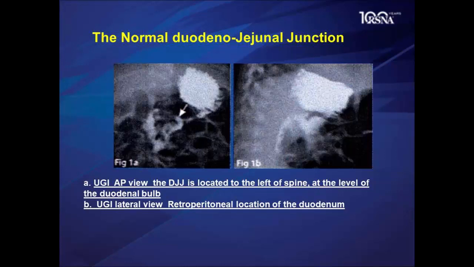The more important feature is the lateral view that one has to watch at the beginning, and watching this wagon of the train of contrast medium. It is posteriorly located, that means it's retroperitoneal. So that's how we make sure that there is a normal fixation of duodenum.